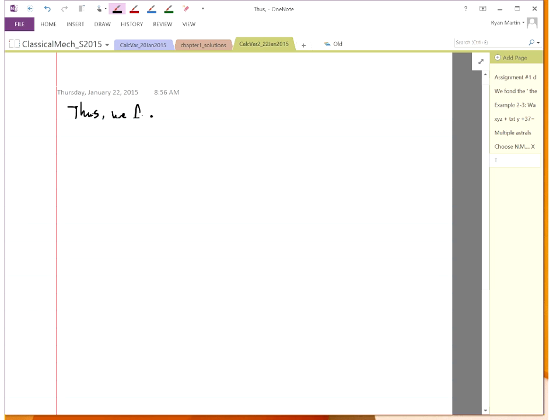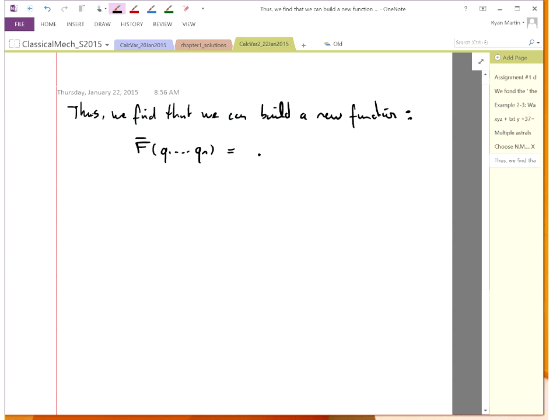So thus we find that we can build a new function which we'll call capital F bar, which will also depend on the q's, and it will be given by the original F, and then plus λ1 f1 plus λ2 f2 all the way to λk fk.